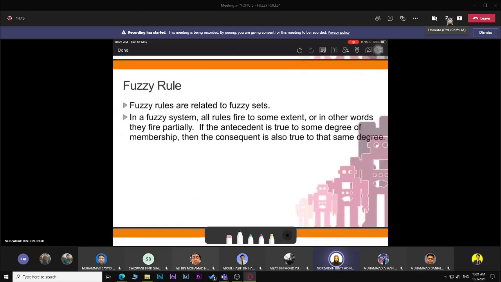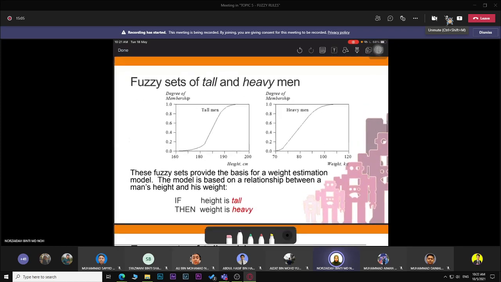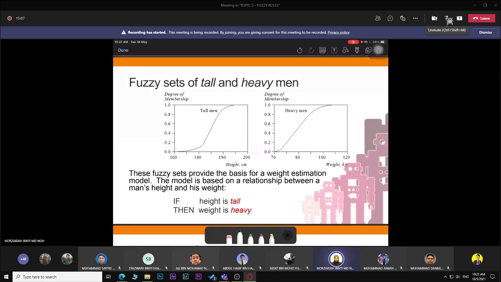Okay, so when you do the firing of fuzzy rules, it is not a full value which is true or false. It is always a partial value which has some degree, and this degree is between 0 and 1, and it applies according to the antecedent value. Right? Okay. For example, here we have 2 sets, right? We have 2 universes of discourse.